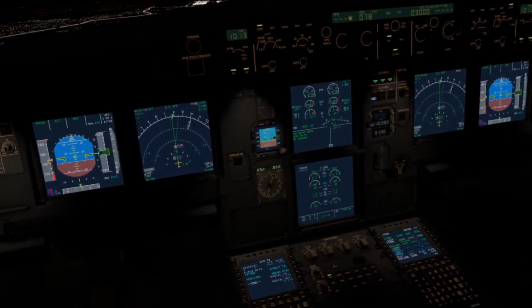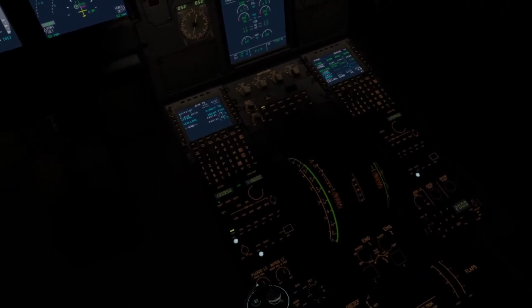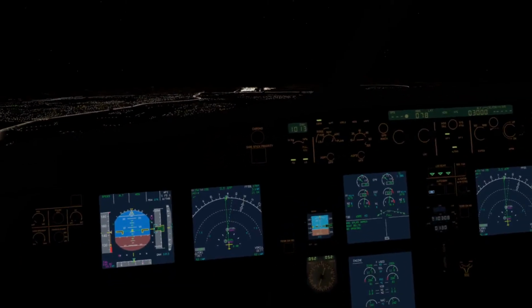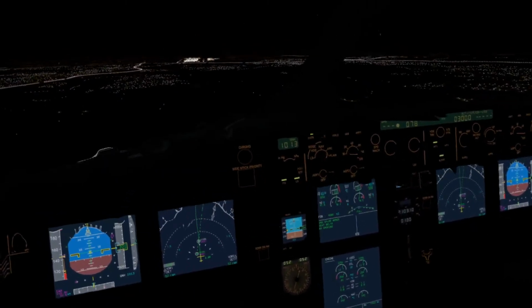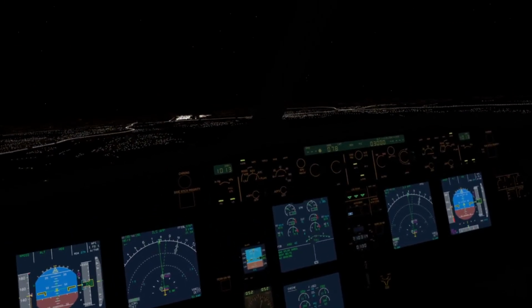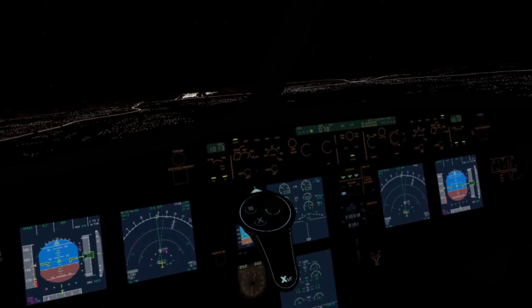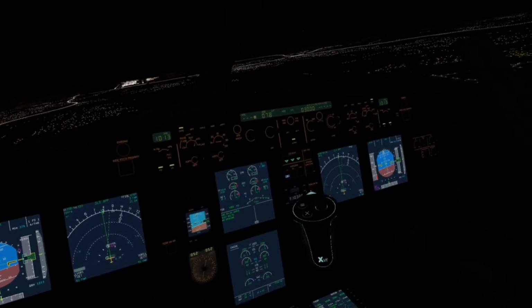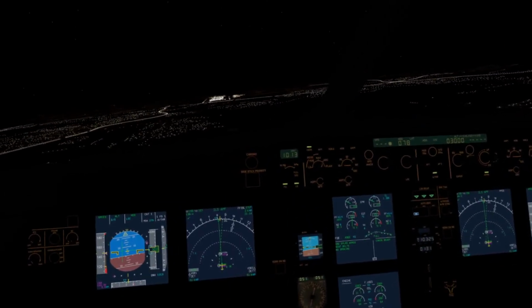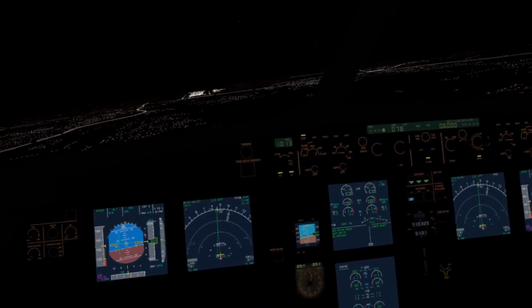Landing checklist. Cabin crew. Advised. Best approach altitude 6,000.